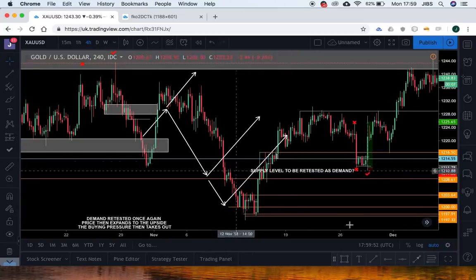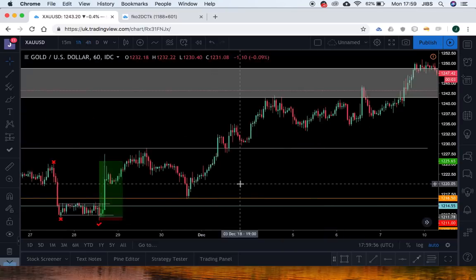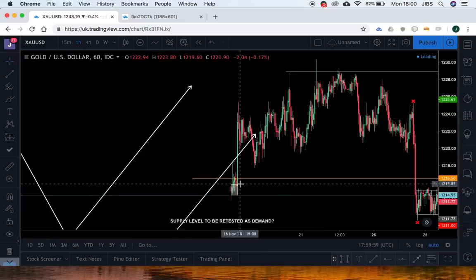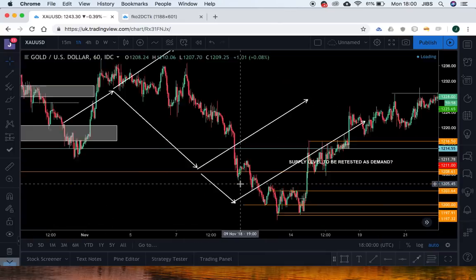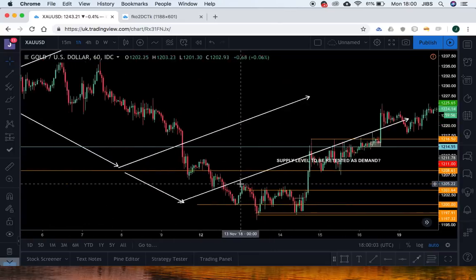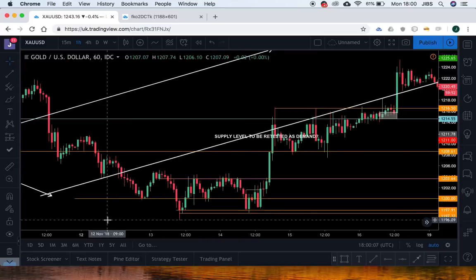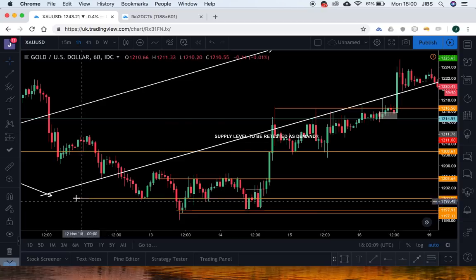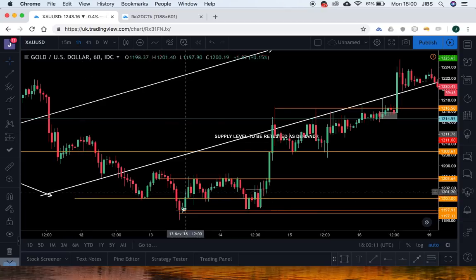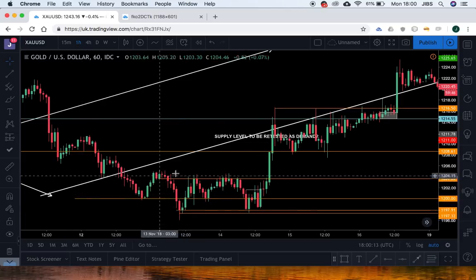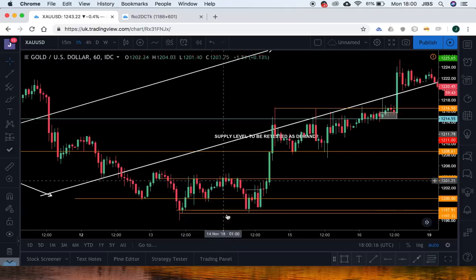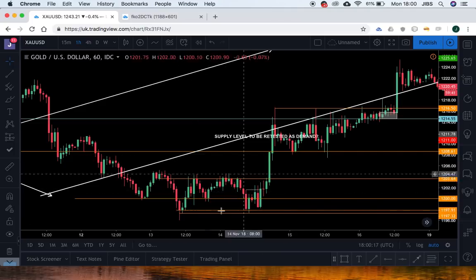I'll screenshot it. Let's just go off by head. So if we go 1 hour time frame, we have this another range by price action. This is 1200. You've got the order block here, you've got area of supply, you've got 2 areas of price trade between.